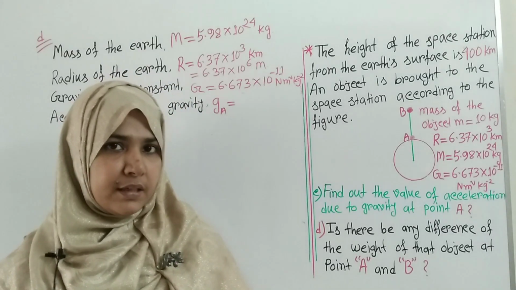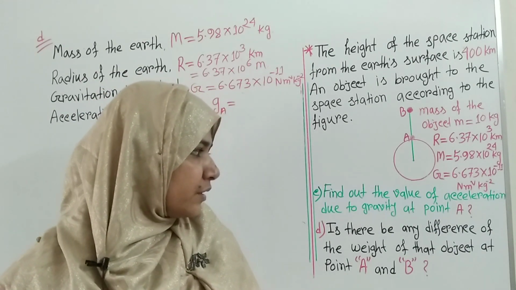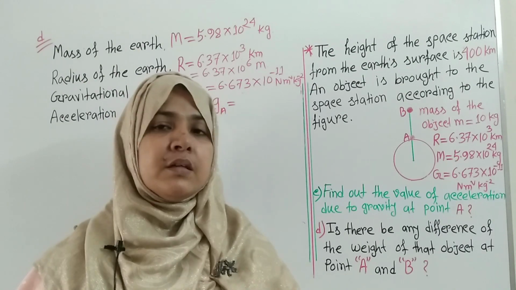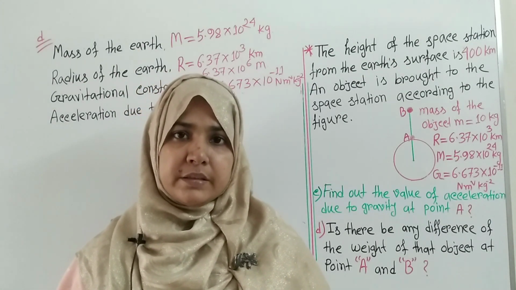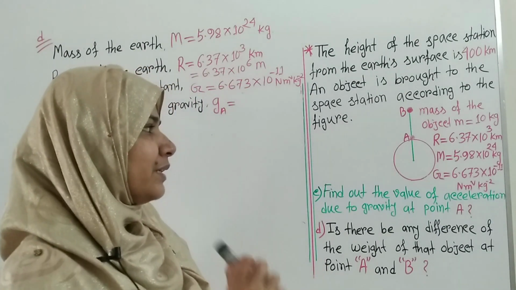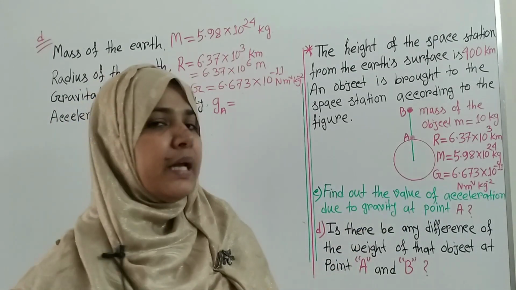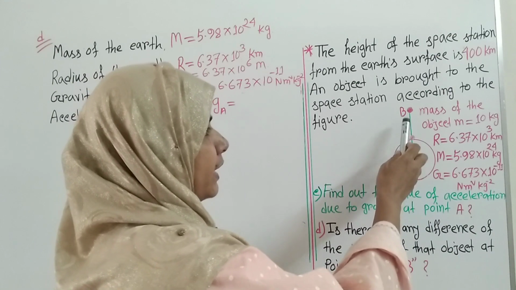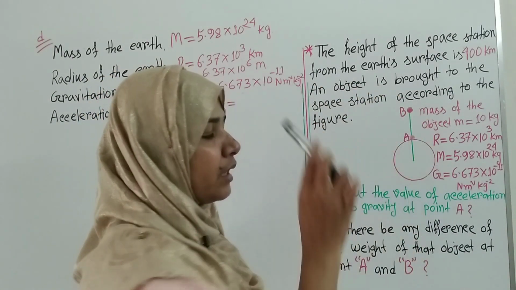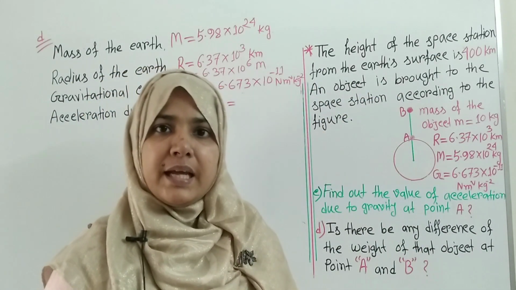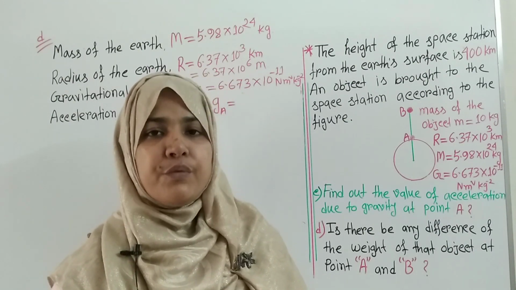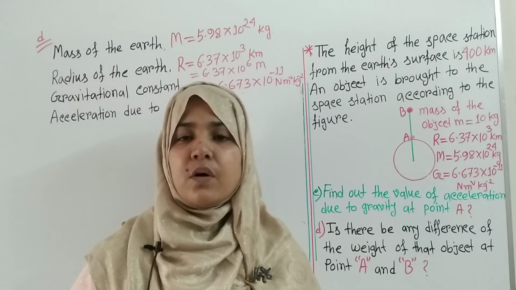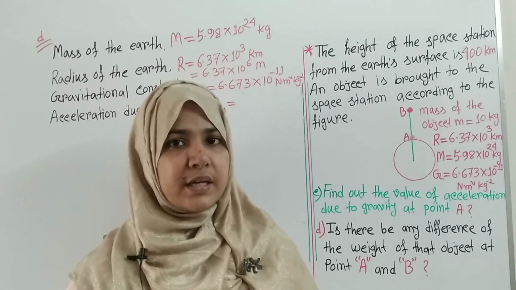Our question D is: will there be any difference in the weight of that object at point A and B? That means when the object is at point A, we have to calculate the weight of that object, and as well as when the object is brought to the space station, at that point we have to calculate the weight. And you know that weight totally depends on the acceleration due to gravity.